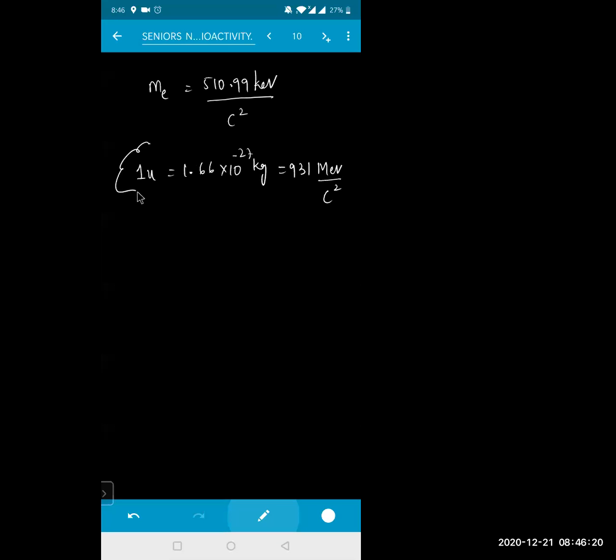This is your atomic mass unit relation, a very important relation, beta.